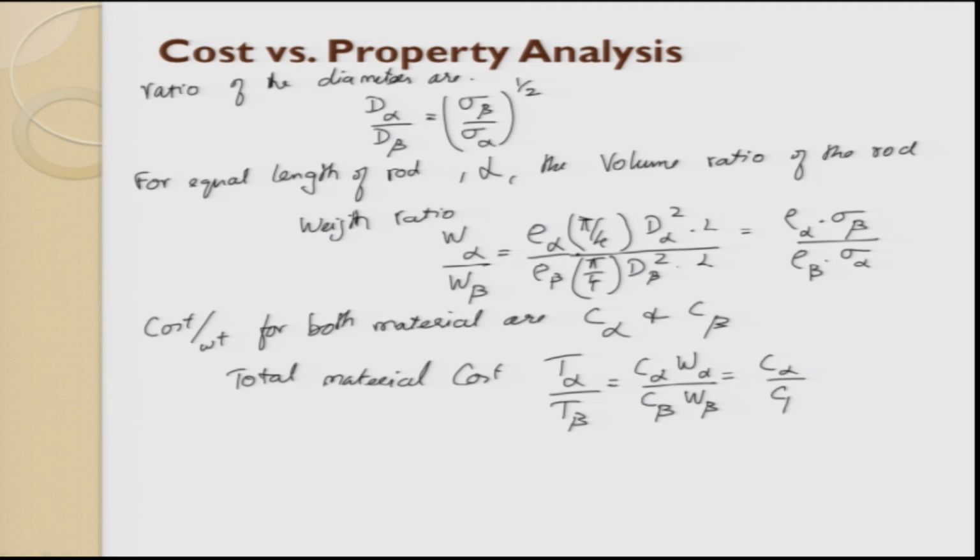So it is C alpha by C beta into rho alpha by rho beta into sigma beta by sigma alpha, that is the stress. So you can do a cost comparison.